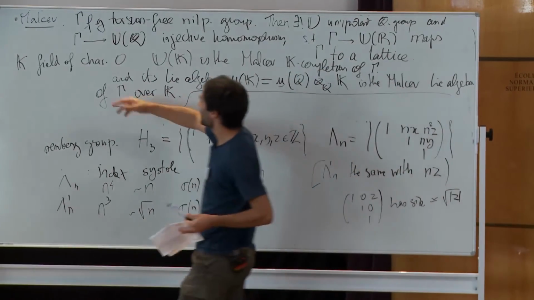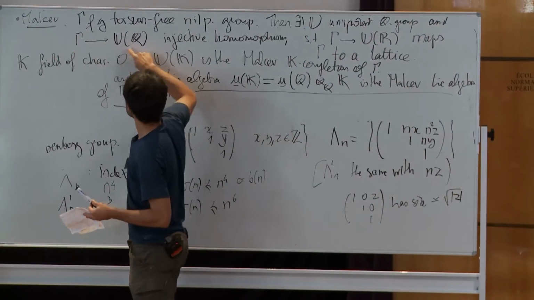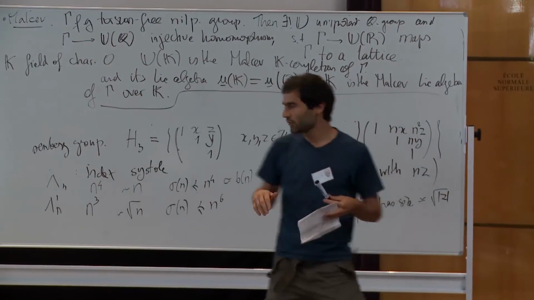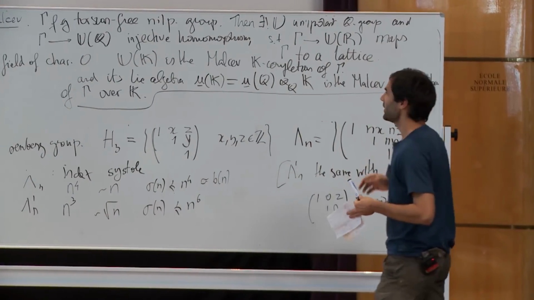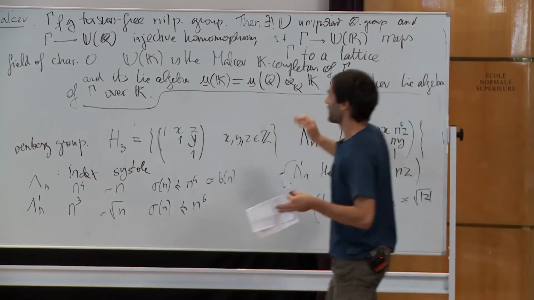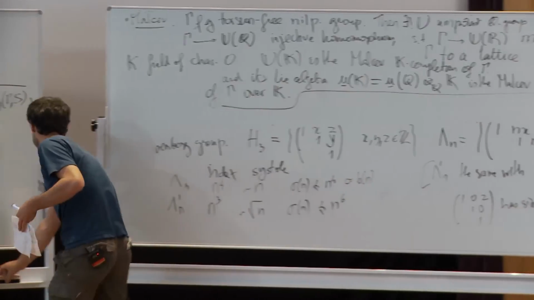And there are further properties. For instance, gamma intersects in U of Q, and only in U of Q, every non-trivial subgroup. That's kind of an envelope characterization.